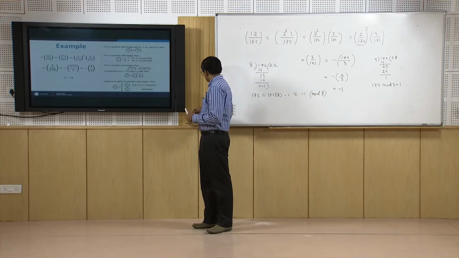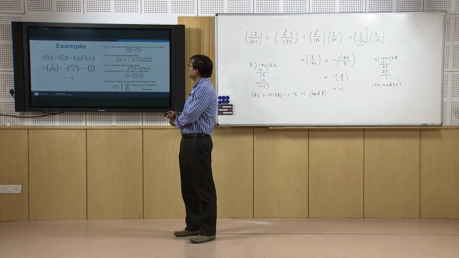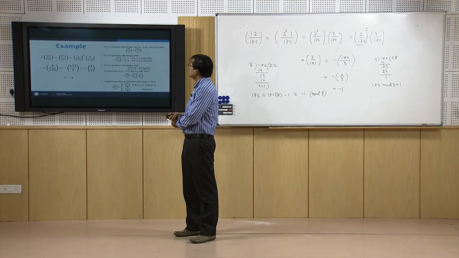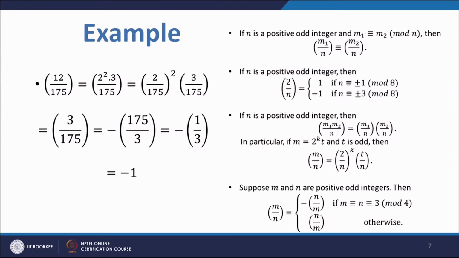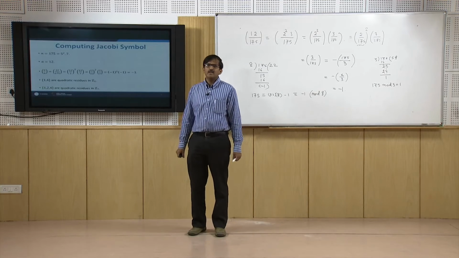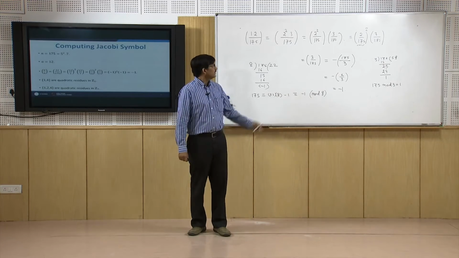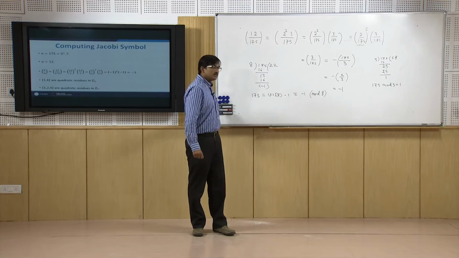So, if we go back few steps, here also we got minus 1 and we have got minus 1 over here. What is the difference?